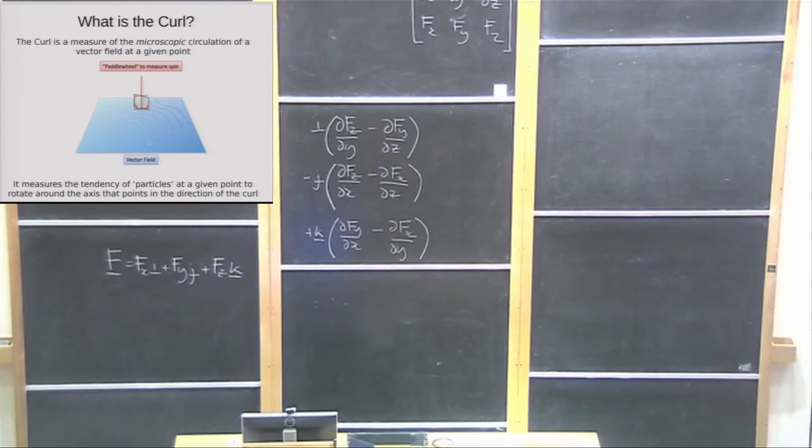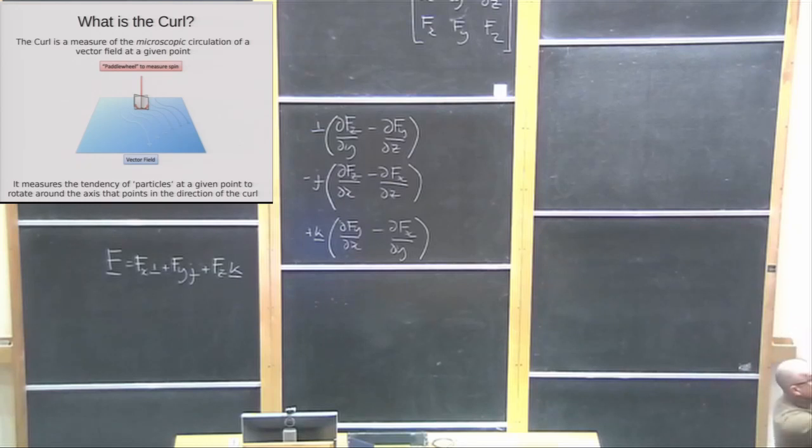So if this is a vector field in the xy plane, then you can imagine that at any point in that vector field, you would put in a tiny little paddle wheel, and you would see what direction it was rotating, and you would see at what rate it was rotating, and that would be telling you about the curl in that direction. So it could only be rotating in one of two directions, which we call the handedness of the curl.